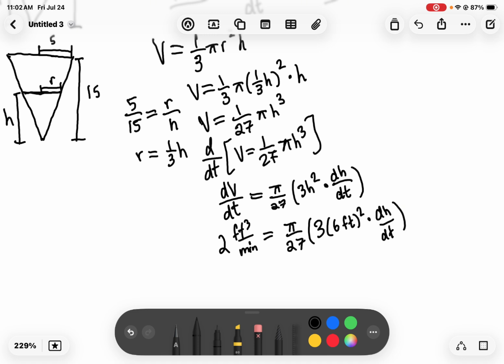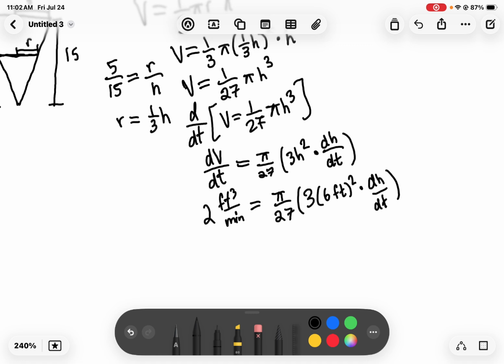Okay, good. Now let's try solving for dh/dt. If you put this into a calculator real quick, you will get that dh/dt is equal to 0.159, and the units are feet per minute.